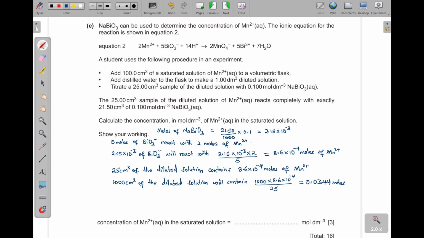These are moles per liter. Now, what they have told us to find is for the saturated solution; this is for the diluted.